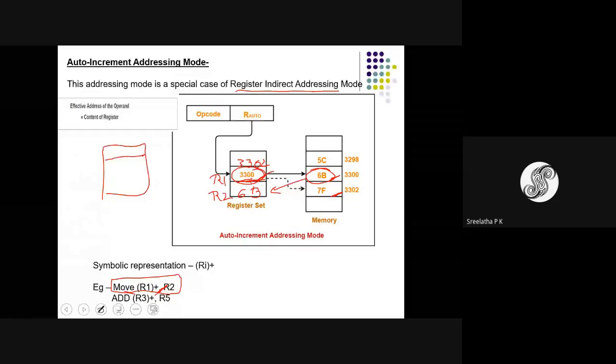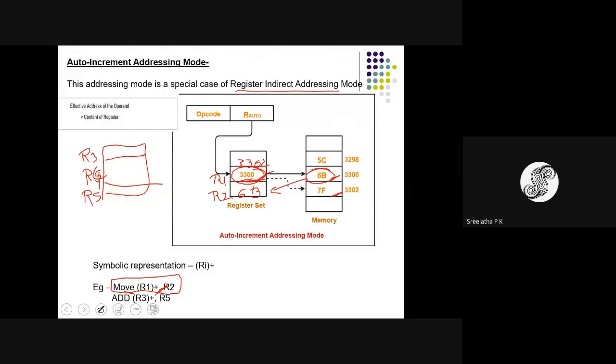Suppose R4, R5 values are present. This is the indirect addressing. So R3 has the address of the operand. Okay, and suppose R4 contains some value, R5 contains 20.